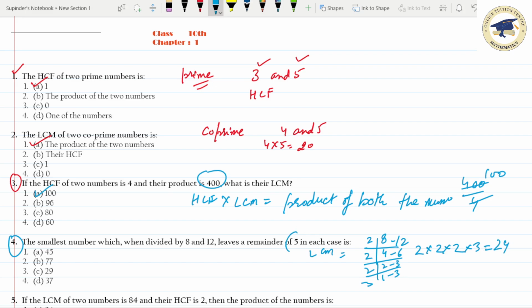So here it leaves a remainder 5 in each case. So 24 is divisible by 8 and 12. 24 plus 5 is 29. Here the answer is C, 29.